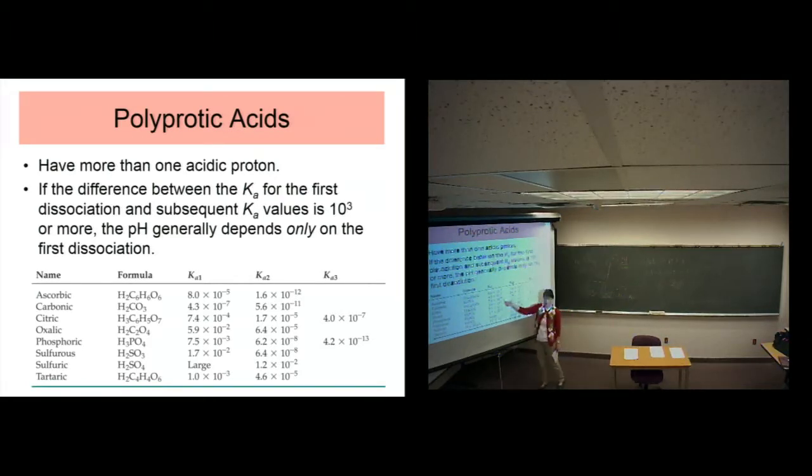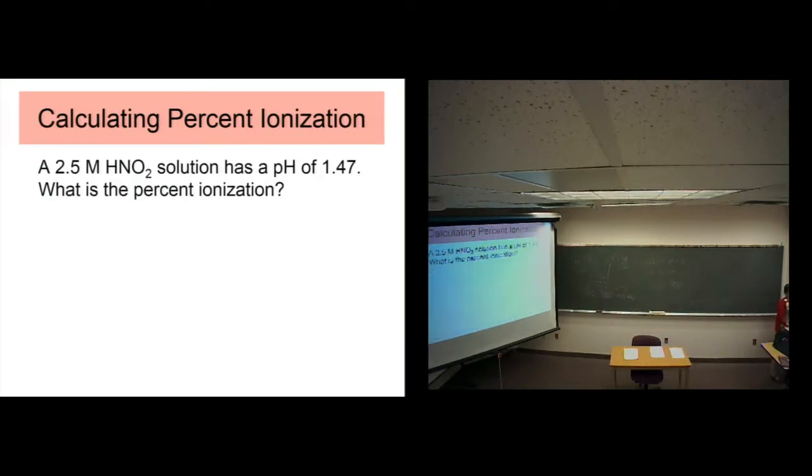We talked about acid strength. Ka helps us understand acid strength. Well, there's another way to get acid strength, and that's percent ionization. How do we define percent? Percent is defined as part over the whole times 100.